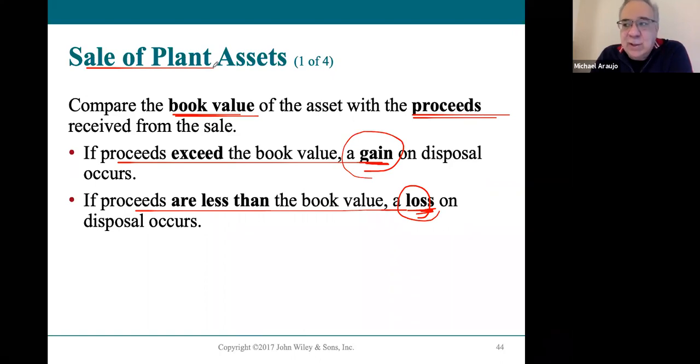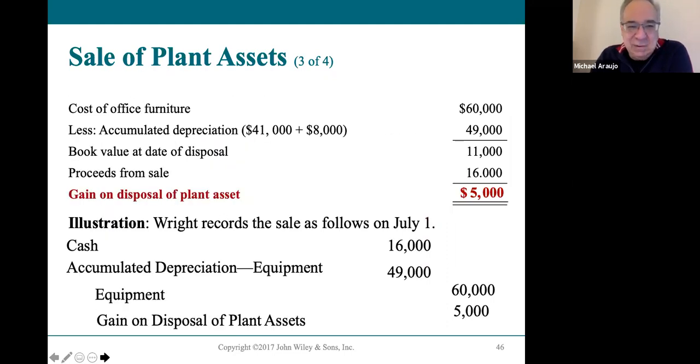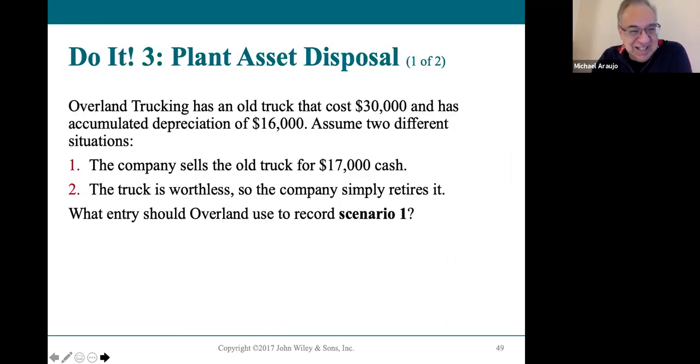And again, if I sold you a truck for $10,000 and that was my proceeds, but on my books the book value of that truck was only $8,000, I made $2,000, so I'd have to report it as a gain. That's basically all you need to know about this section. Really, there's only like 1 or 2 questions on this.